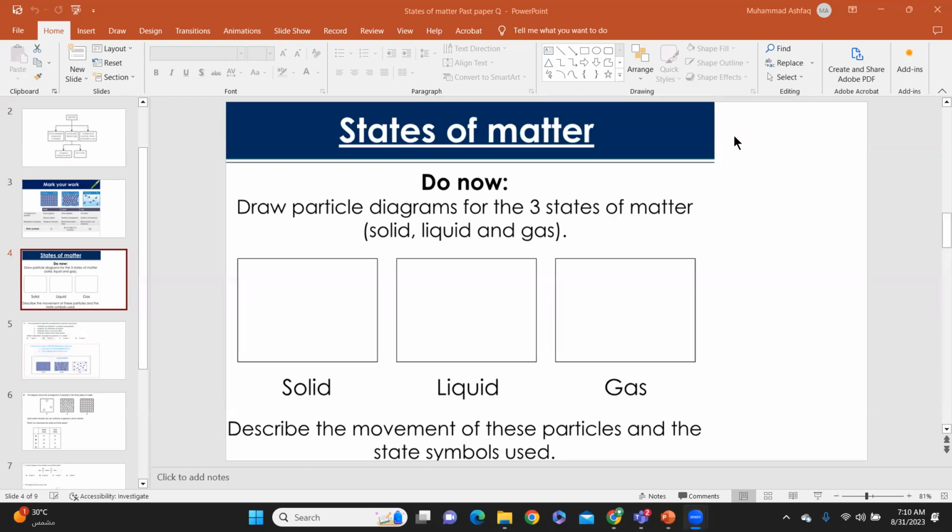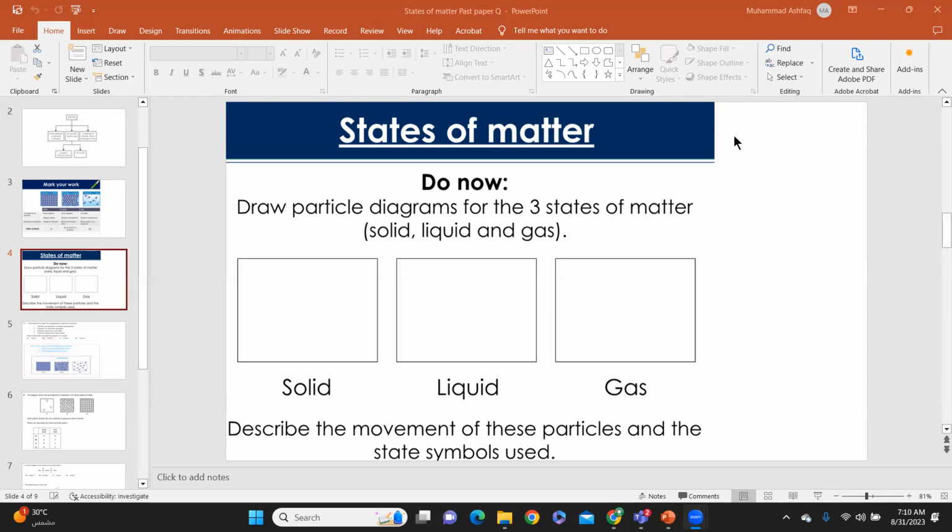So what's the question here? Draw a particle diagram for the three states of matter: solid, liquid, and gas. Describe the movement of these particles and state symbols. What do you understand from the question first?